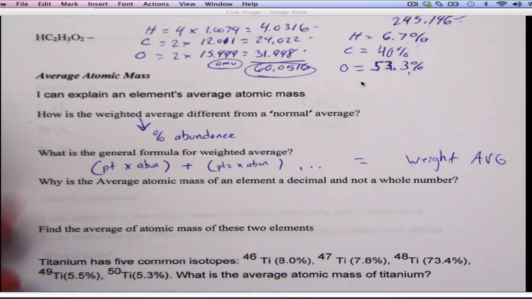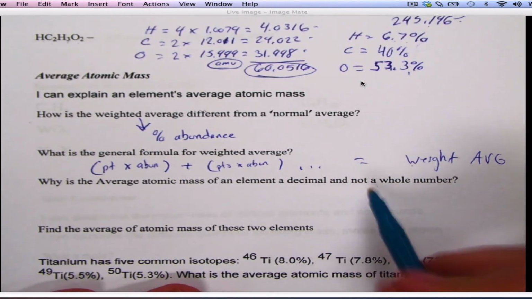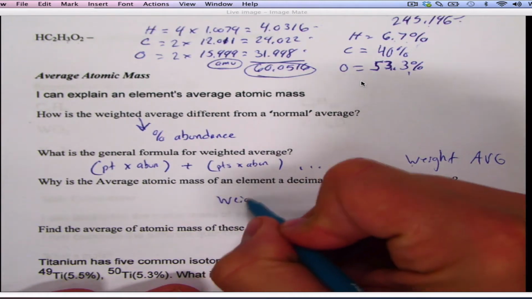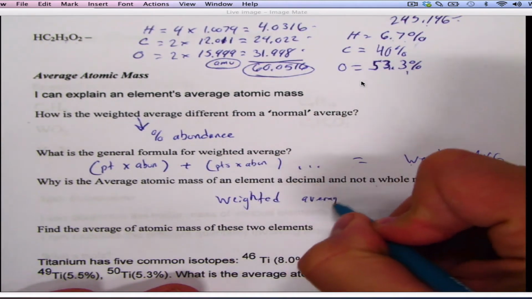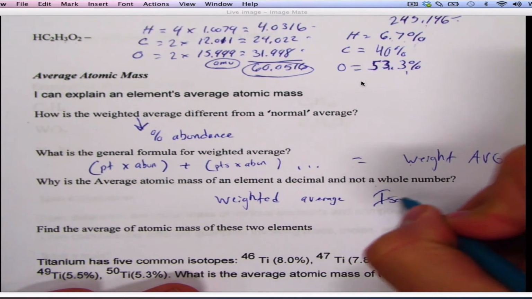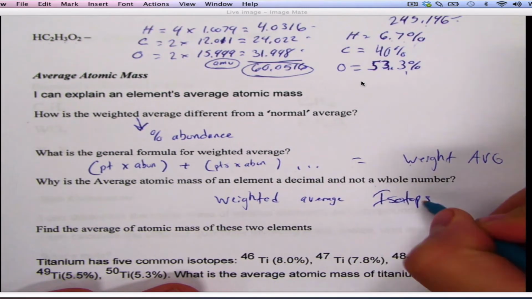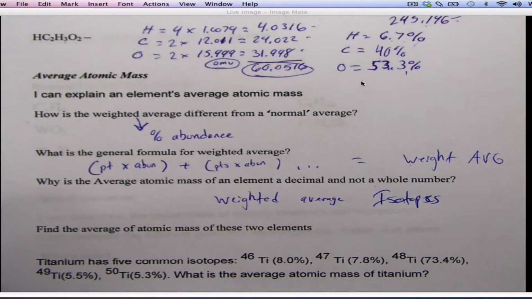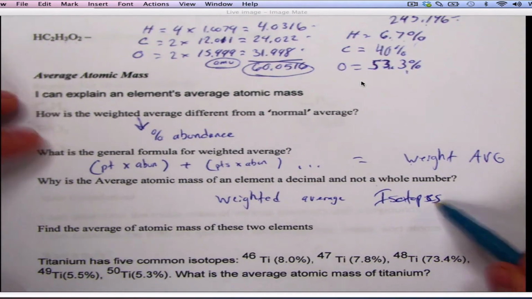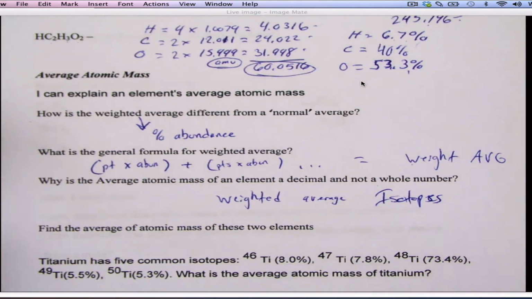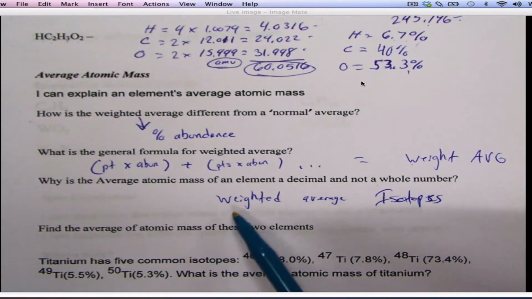The reason they're decimals, not whole numbers, is that they're a weighted average of all the different isotopes of that element. Remember, isotopes are when the neutrons change, and when you add neutrons, you add weight, or you take away weight. So that's what's going on with weighted averages.